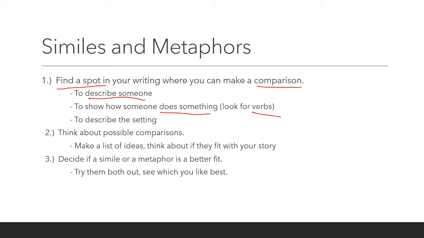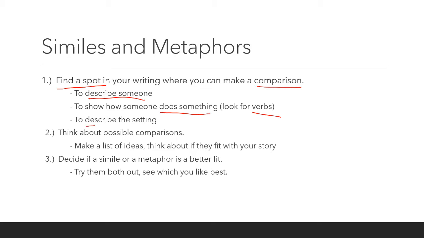You can use it to describe how somebody looks for things, right? If you've got a character who's panicking and digging through trying to find the key to their front door, you might say, Charlene dug through her backpack like a dog digs through a garbage can, right? You might be able to describe the chaos of her just digging through her backpack. So another way is you can describe how someone does something.